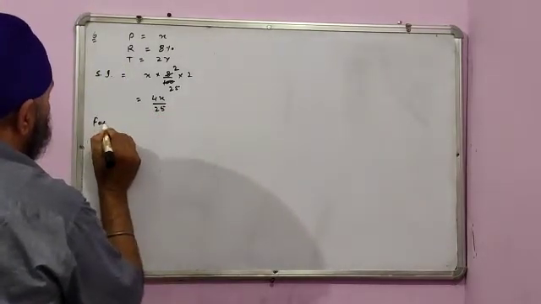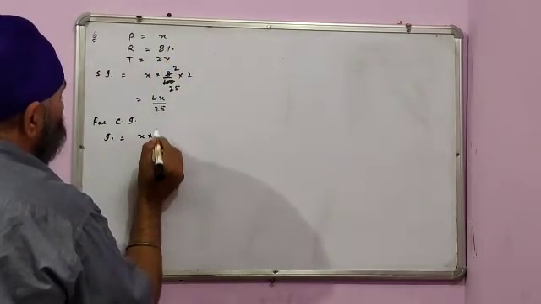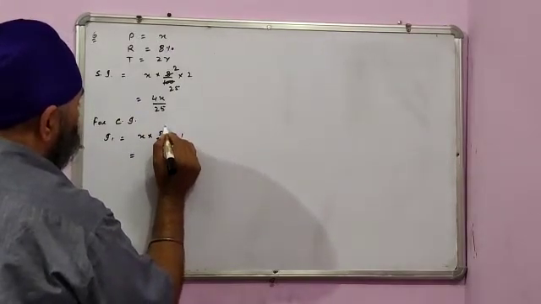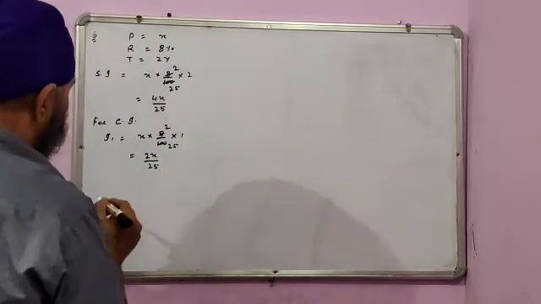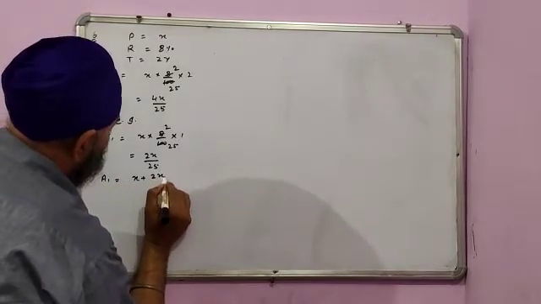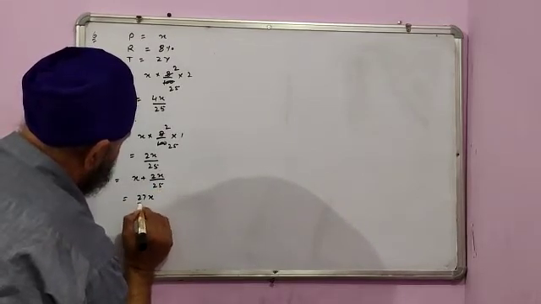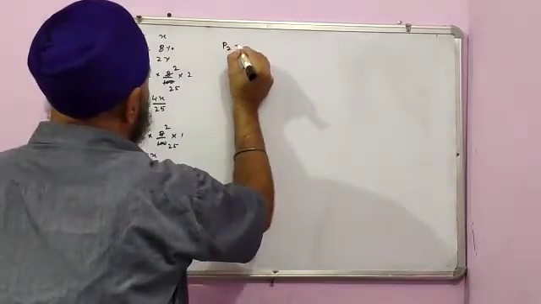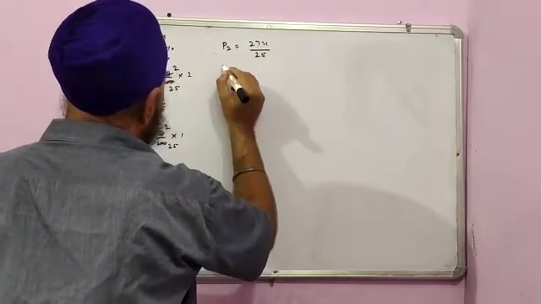For compound interest, interest for first year is x principal into rate. Time I take 1 year because it is compound interest. 2x upon 25. Then amount for first year is x plus 2x upon 25, that is 27x upon 25. Then principal for second year is 27x upon 25.